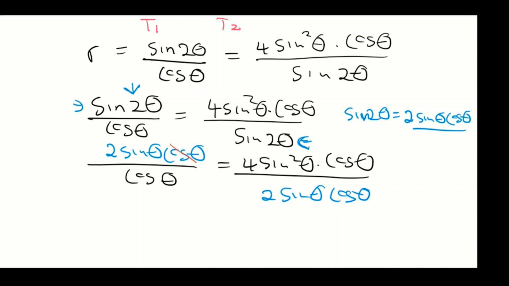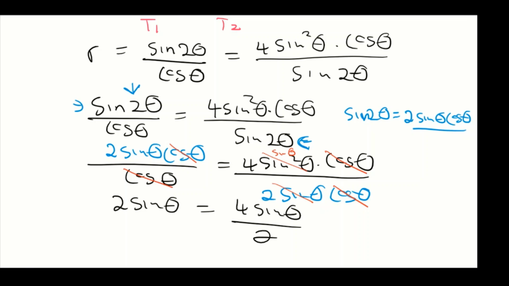So cos of theta cancels out, or divide through with that cos of theta. This cos theta divides with this one, and this one divides with this one, but sine theta remains. So meaning we're going to have 2 sine theta on our left being equals to 4 sine theta divided by 2, right?